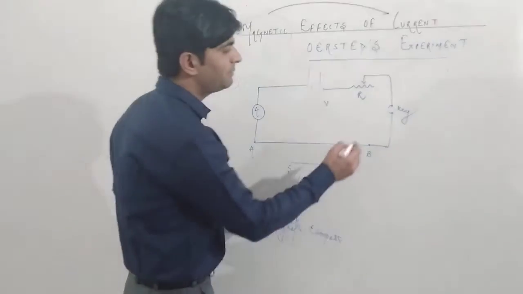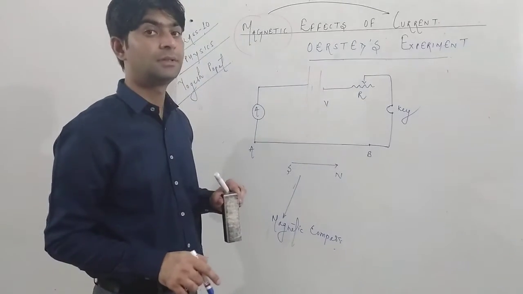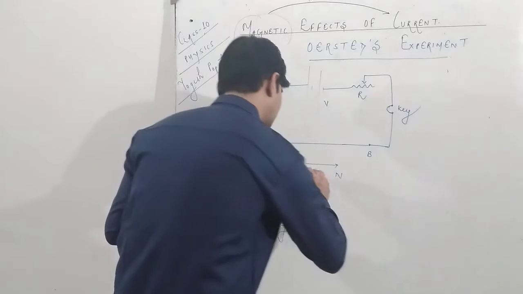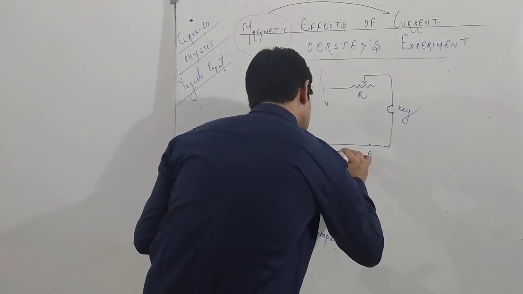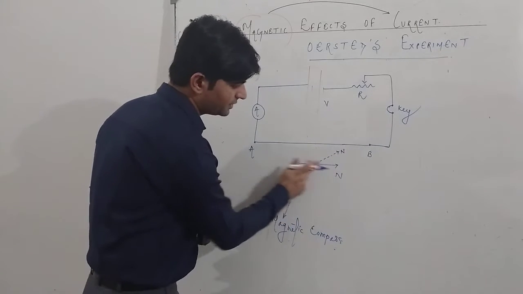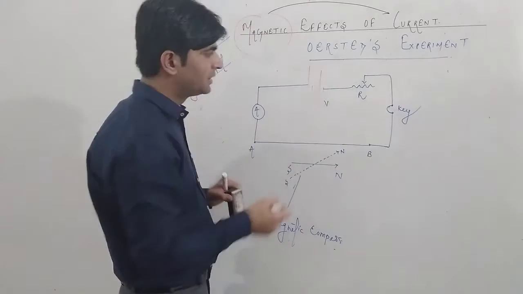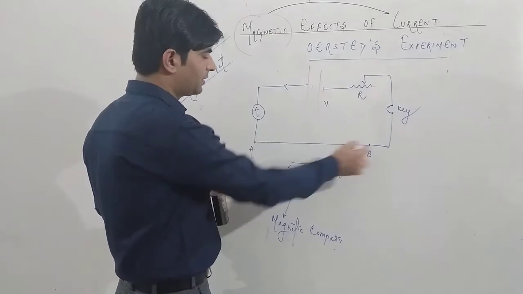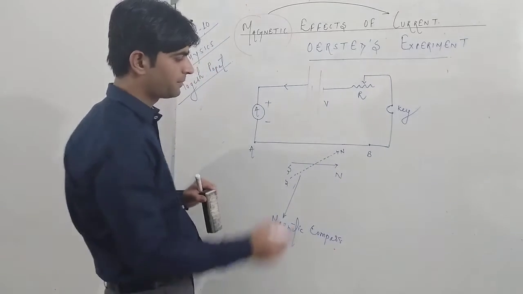But as soon as we keep this key closed, we observe that deflection occurs in this magnetic compass like this. This dark one is the initial position. As soon as we have kept this key closed, the electric current starts flowing from the positive terminal to the negative terminal of the battery. Here I will mark it as positive and negative.